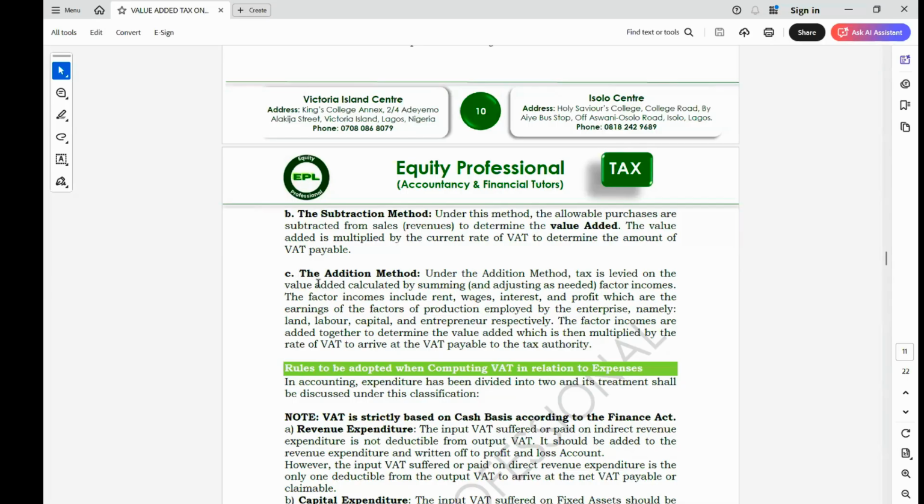So all the reward generated by all these factors of production will be added together as the value added. So we know that the reward for land is, what is the reward for land? Rent. Rent, yes. So the rental amount you are receiving, you look at the amount.